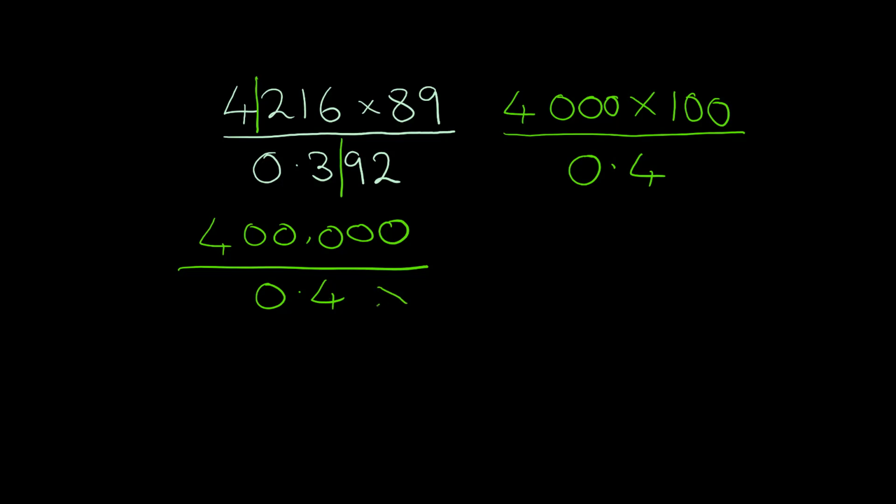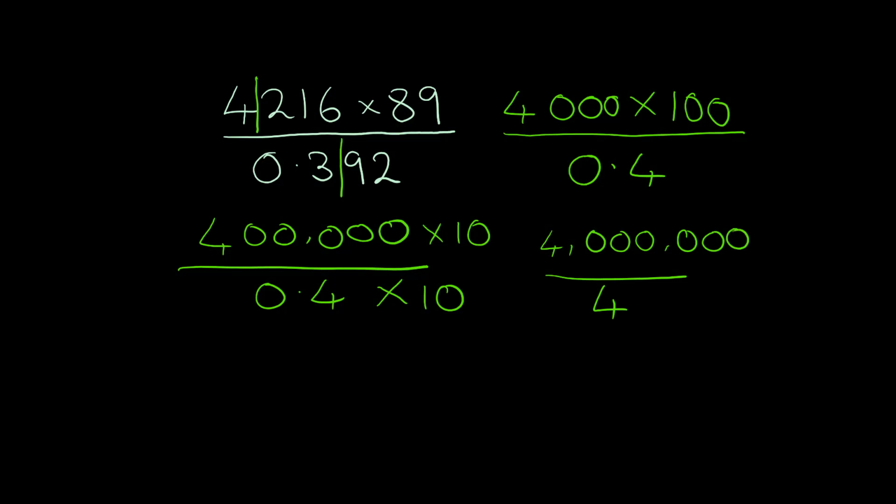So in this case, we're going to turn it into a whole number by timesing by 10. So that means we'd have 4 on the bottom, and what we do to the bottom we must do to the top. So that would then give us 400,000 times 10. We're now going to have 4 million.